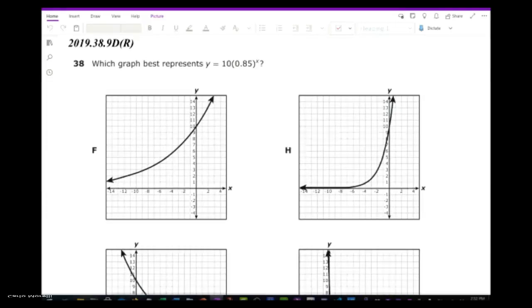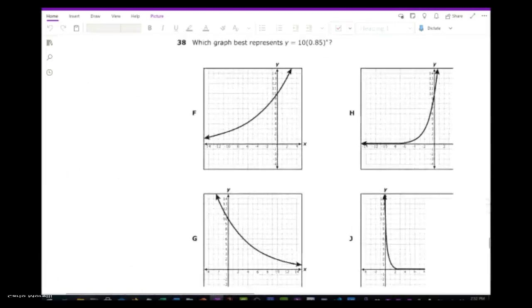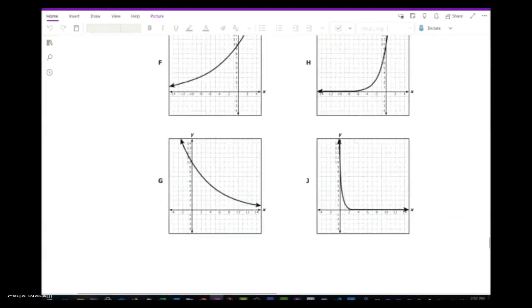Look here, analyze this. Before we look at those pictures, I want you to tell me something. Is this a growth or decay function? Decay. So we should expect the behavior of the graph to be decreasing from left to right, not increasing. What is the y-intercept? Okay, so look at the pictures now. What's the answer? G? Yeah.